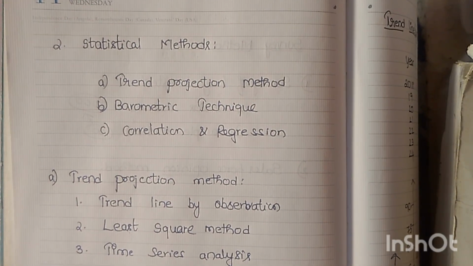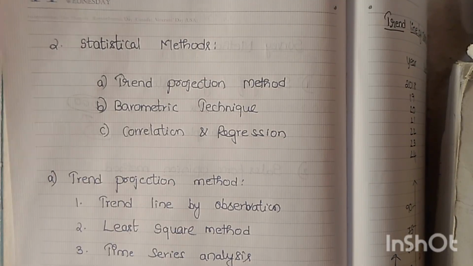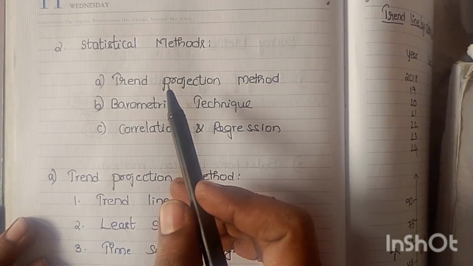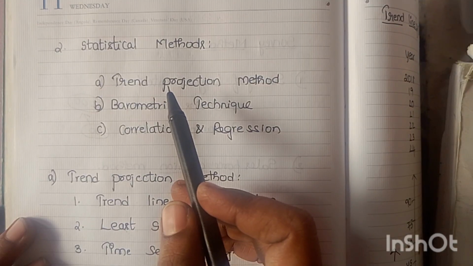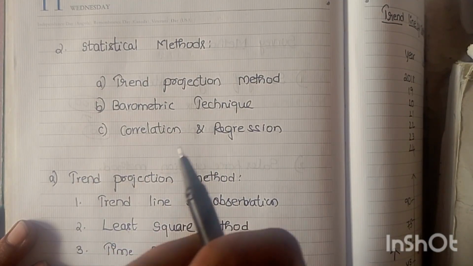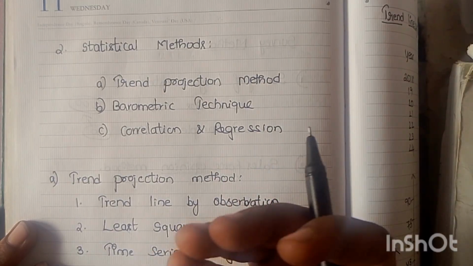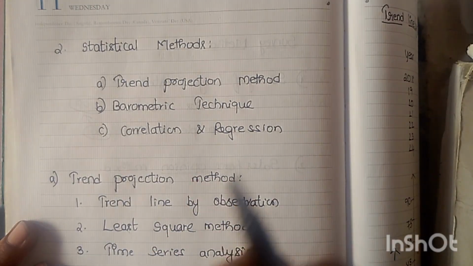Continuation of the previous class, that is the methods of demand forecasting. The second method is the statistical method. In the previous method, the survey method, we were gathering information from potential buyers, maybe through the census method, sampling method or opinion method.